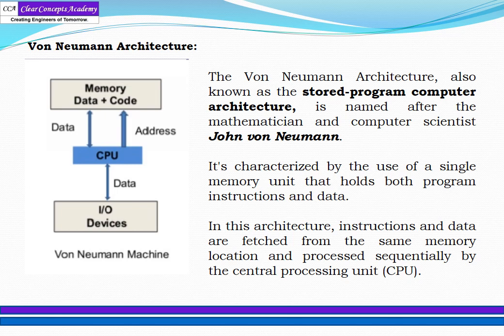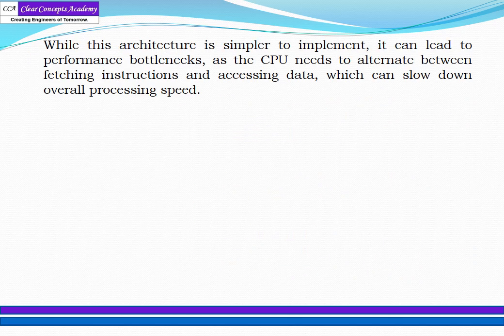That means in this case, first the op code is fetched and then the operands are fetched and then it is processed. While this architecture is simple to implement, it can lead to performance bottlenecks, as the CPU needs to alternate between fetching instructions and accessing the data, which can slow down overall processing speed.